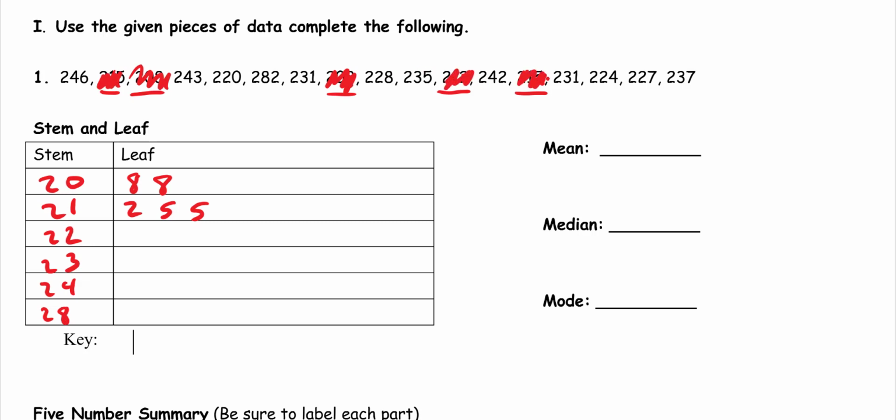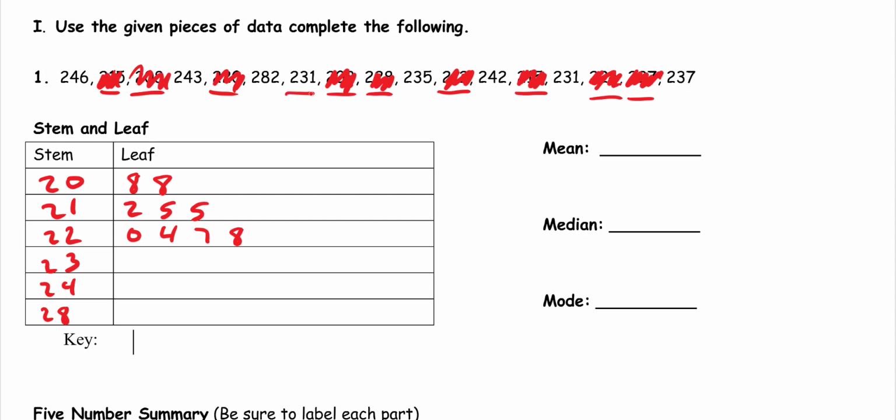Okay, now the 220s. So I'm going to do 220, 228, 224 and 227. So that's 220, 224, 227, 228. Okay, cool. Let's cross those off. Now the 230s.